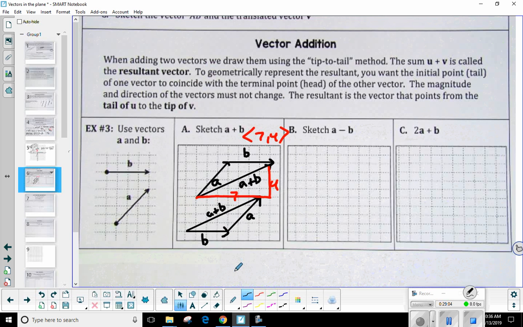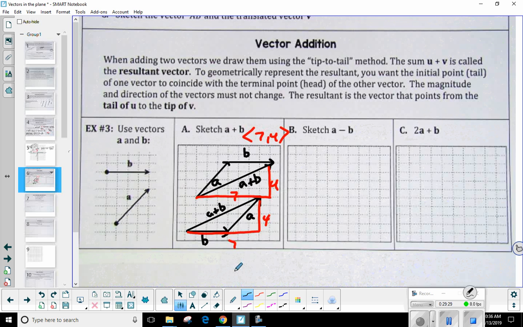We'll do the same thing for this resultant I got just reversing. Do I still need to move 7 right and 4 up? Yeah. So as long as you're putting a terminal and an initial together, it doesn't matter how you do it. You just can't put two terminals together. You can't put two initials together. Anybody have a question? Anybody confused?